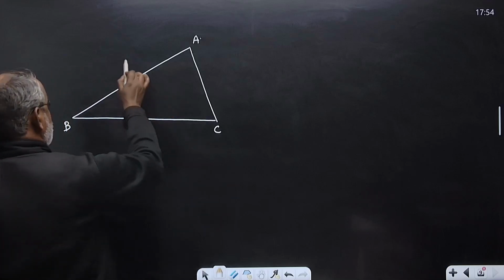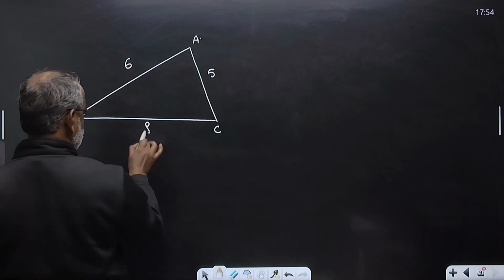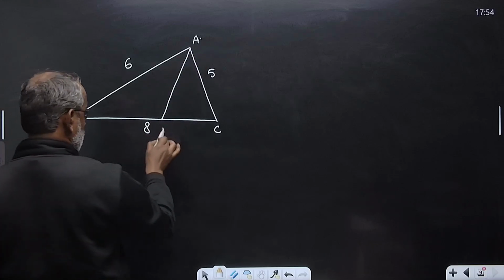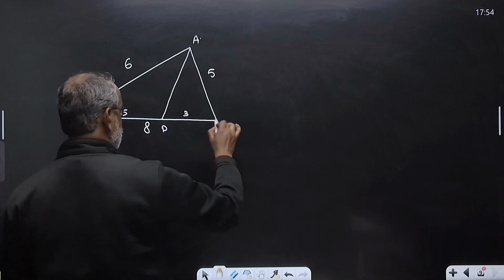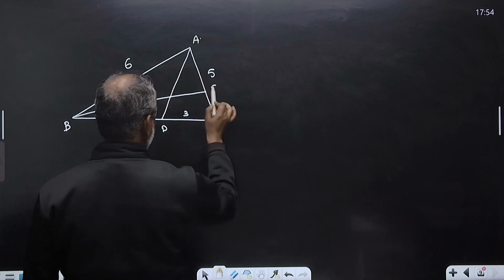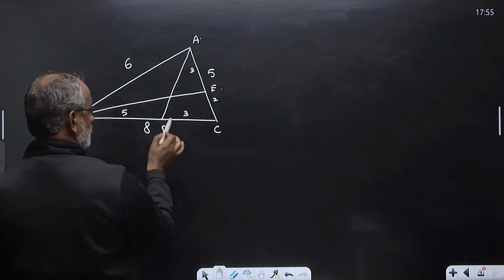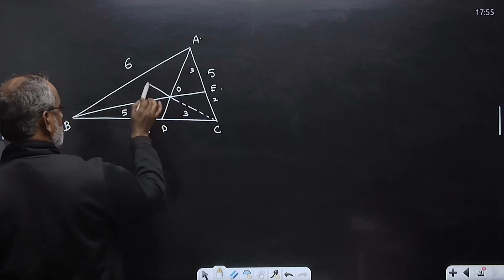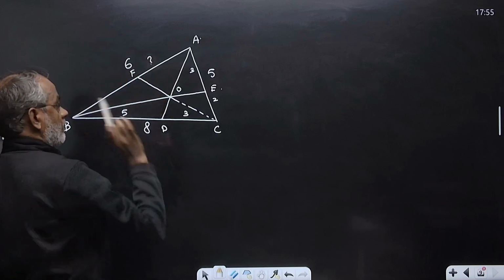Suppose this is 6, this is 5, and this is 8, and you are given, suppose you draw AD, this is 3, this is 5, then you draw BE, this is 2, this is 3, they meet at O, and CO meets AB at F. What is AF?